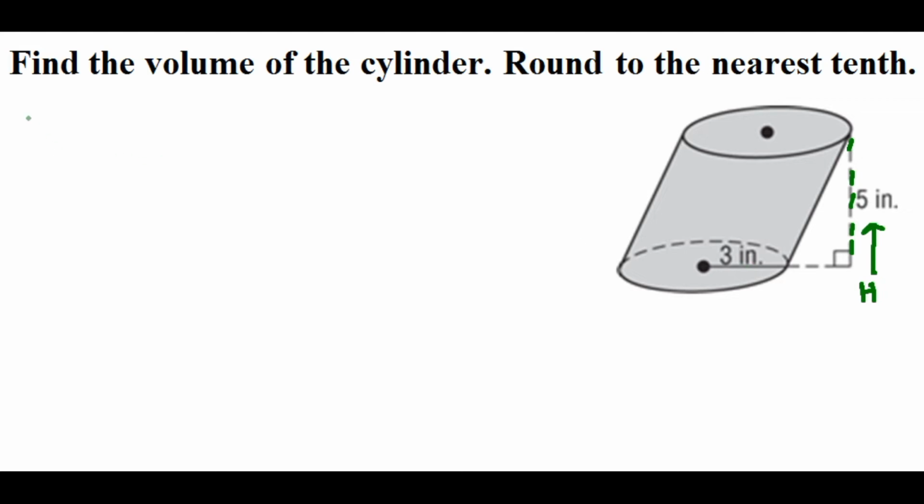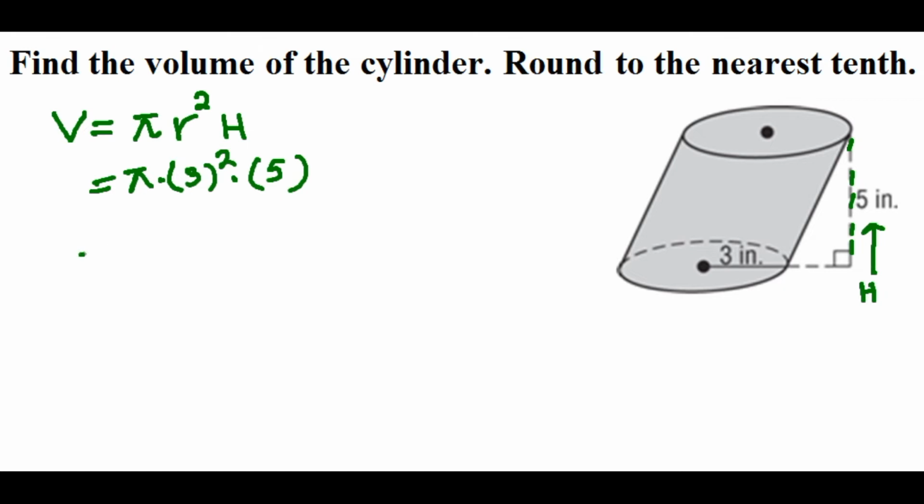So I start with the formula without B and H. The formula for the cylinder is pi r squared times h, pi times r is 3 squared times h is 5.